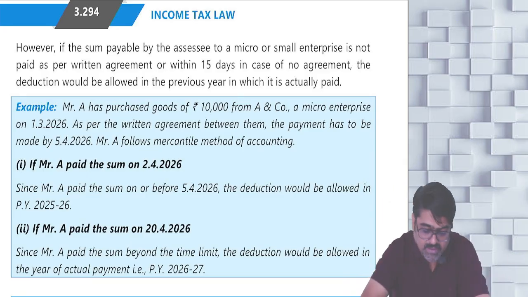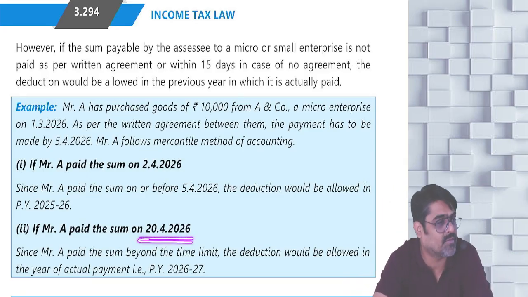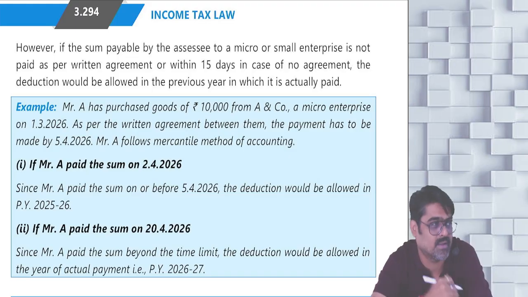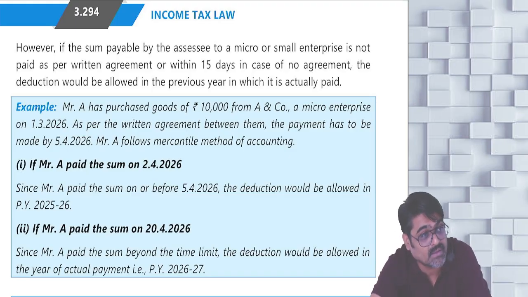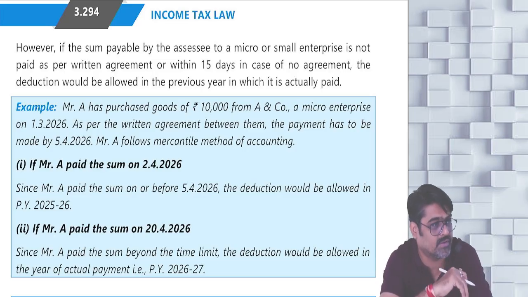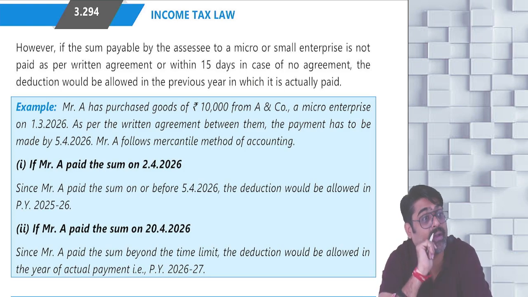Now tell me, if the payment is made on 20th of April, meaning after the due date of the MSME Act. So tell me, this year, this is your previous year 2025-26, is 10,000 paid or still payable?